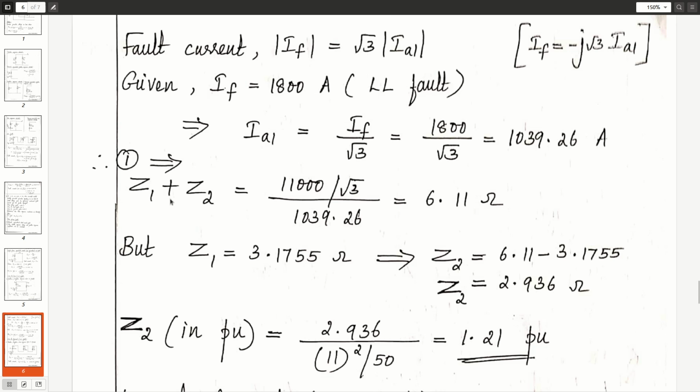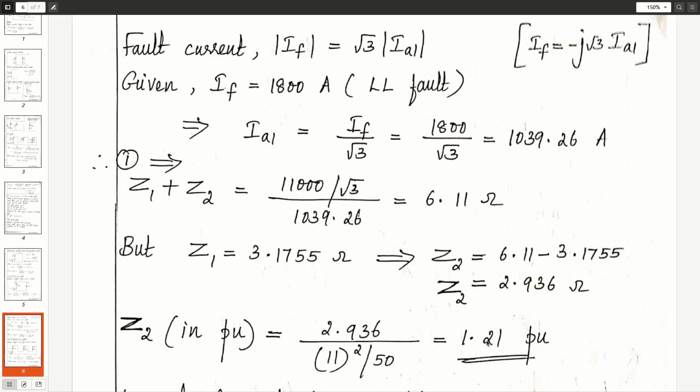Now from equation 1, Z1 plus Z2 is EA divided by IA1, which is 6.11 ohm. Therefore, Z2 is equal to 6.11 minus Z1, which is 2.936 ohms. Now, Z2 in per unit is actual Z2 divided by base. We got it as 1.21 per unit.